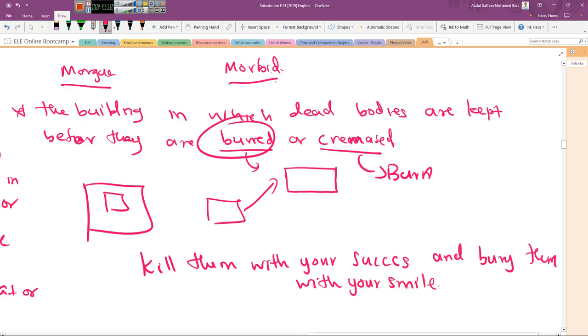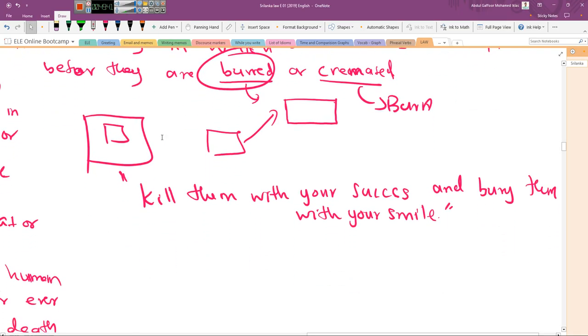For example, if a person has humiliated you, you should become successful in your life in front of him, and by smiling at him, you can bury them. So the person who humiliated you is killed with your success, and your smile is the burial occasion for him. You can just remember this quote narrated by Vijay, and remember the meaning.